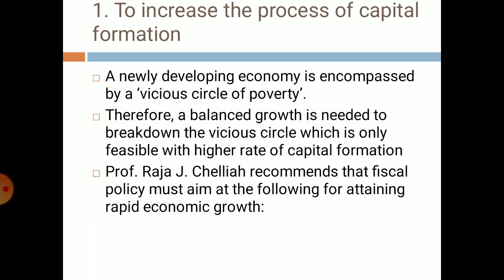You know that there are 3 categories of countries: developed countries, developing countries, and underdeveloped countries. A newly developing country is a country which has just left the underdeveloped status. What is underdeveloped status? Which is full of poverty and unemployment.